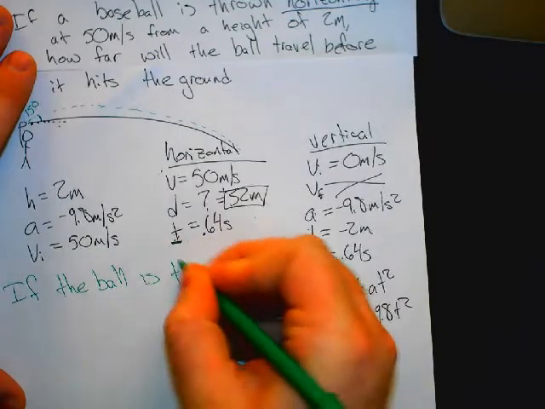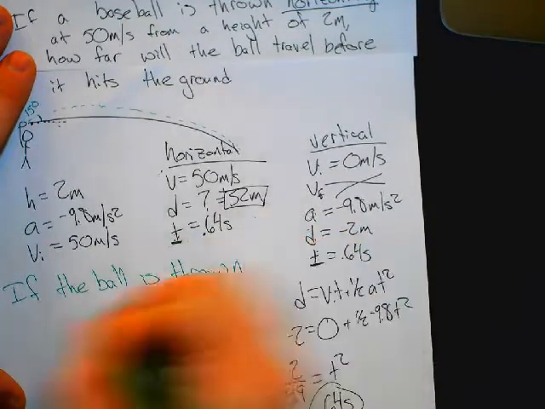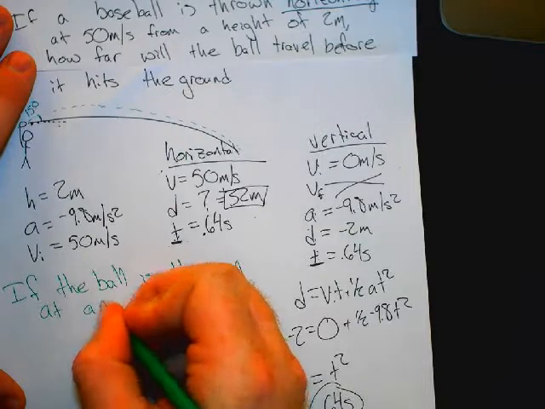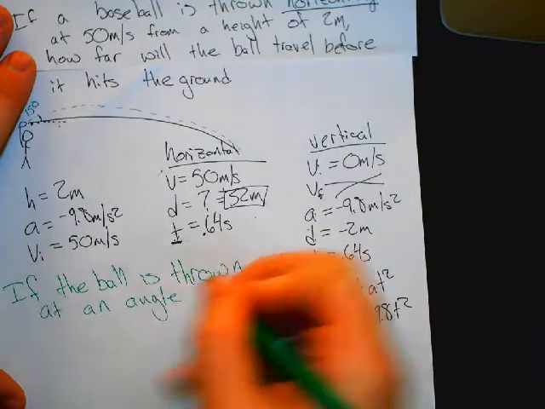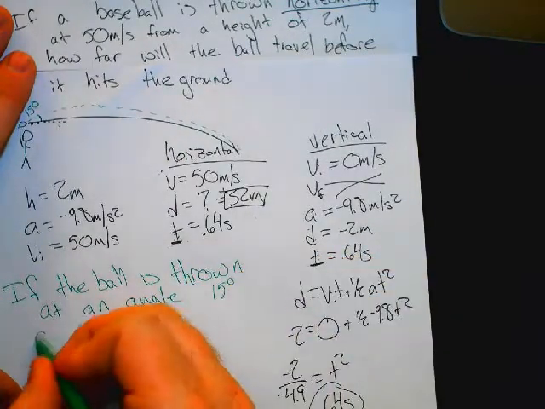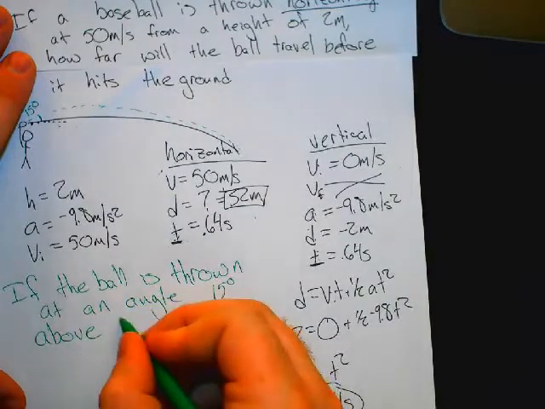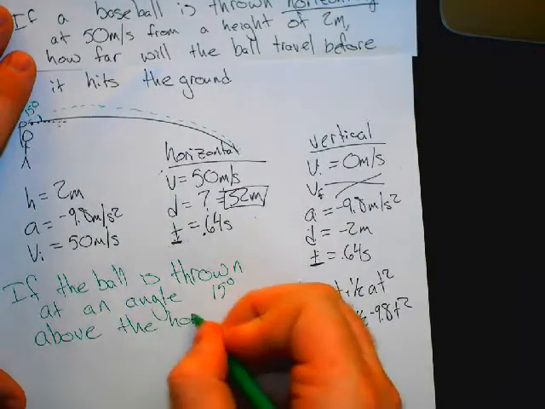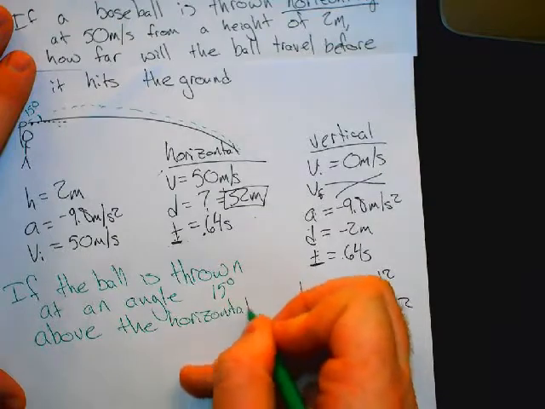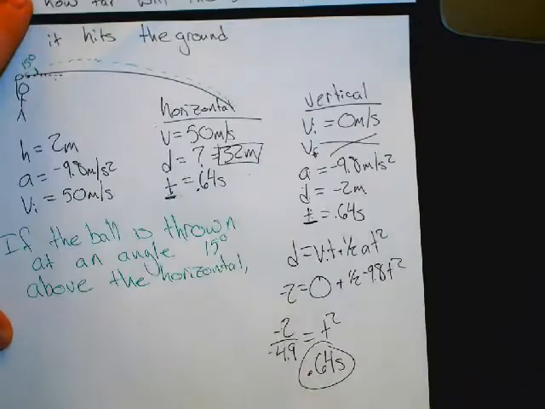If the ball is thrown at an angle 15 degrees above the horizontal, does it go further or fall shorter?